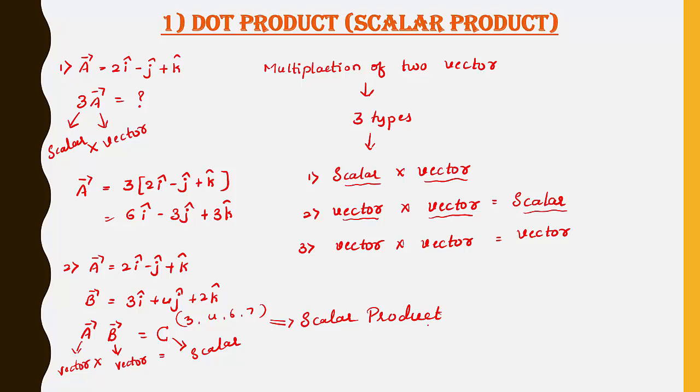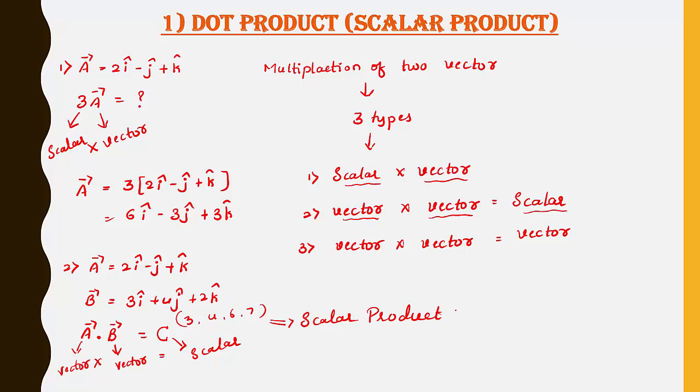We are going to multiply two vectors, but we got the answer as a scalar, so we are going to call it scalar product. And here I am going to represent A multiplied with B, vector A multiplied with vector B. So here I am going to write a dot. Vector A dot vector B is equal to C. I am going to represent multiplication with a dot.